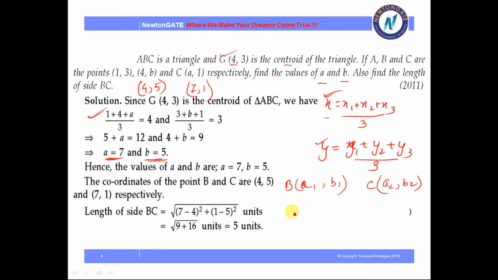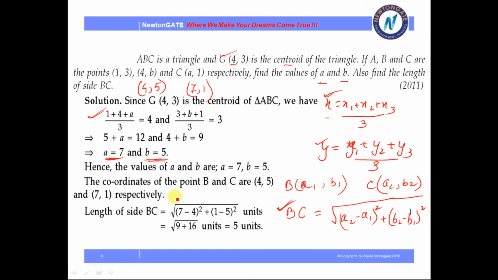So the distance formula, that is the distance between B and C, is given by root over (a2 minus a1) whole square plus (b2 minus b1) whole square, the whole root over this. This is the formula to find the distance between 2 points.